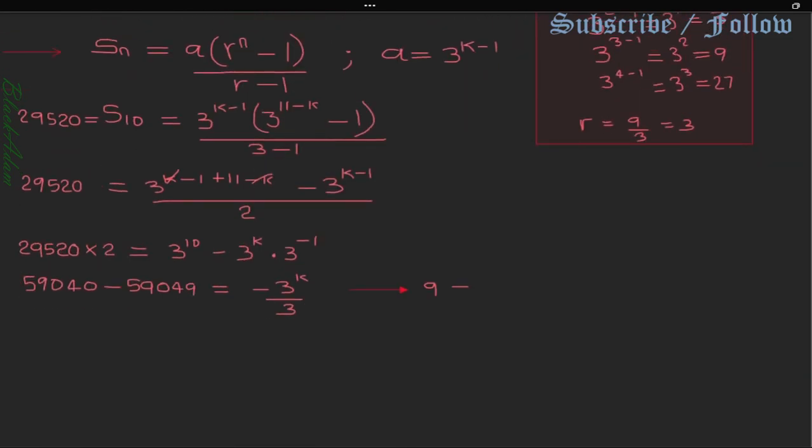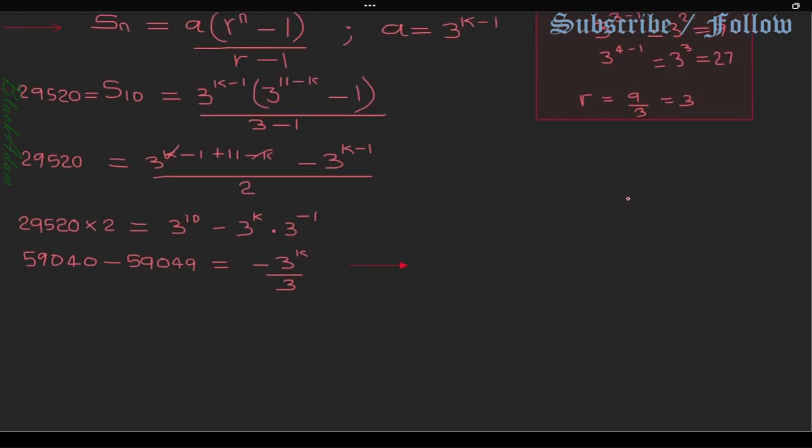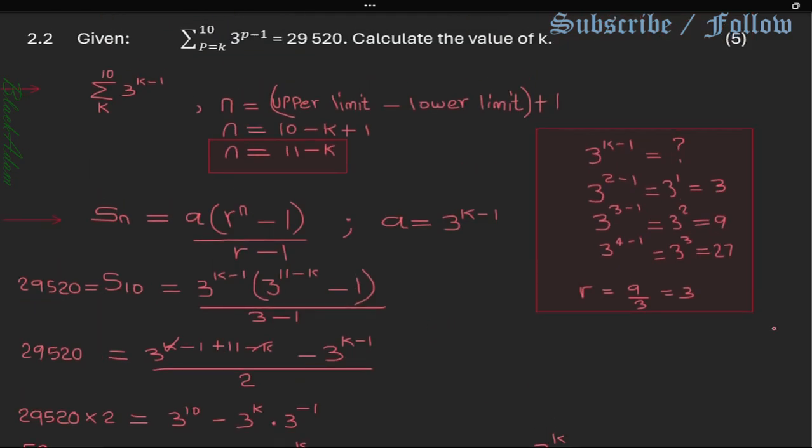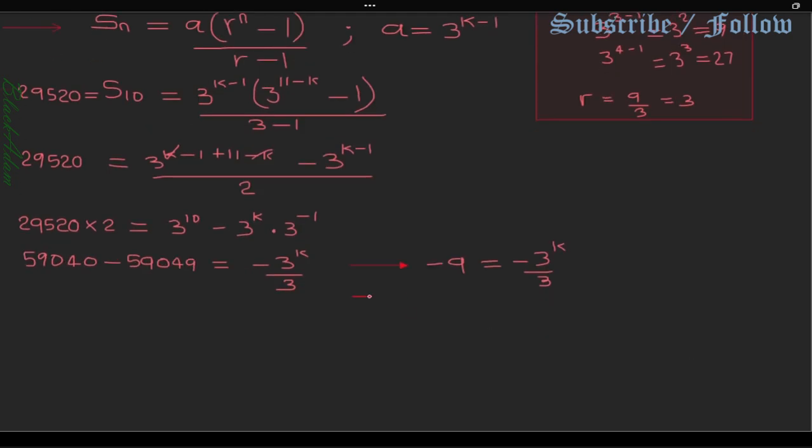Let me just rewrite it once again. So it's going to be -9 equals -3 to the power k over 3, so that means we have -9 times 3 equals -3 to the power k.